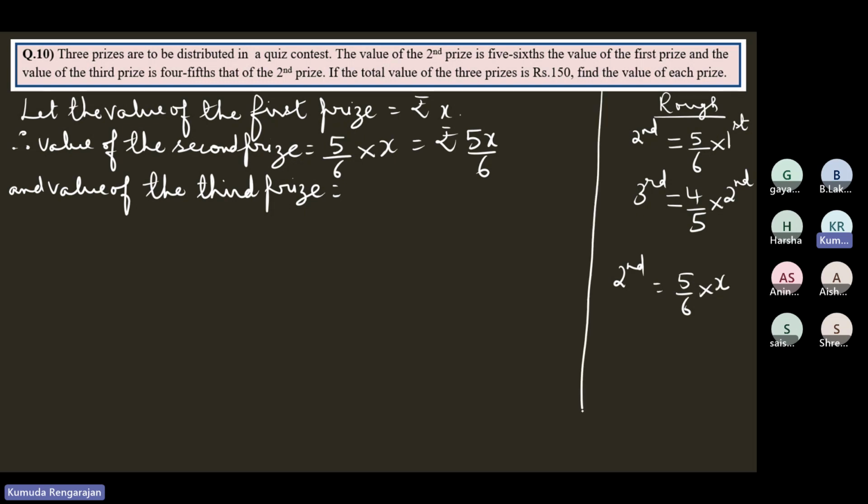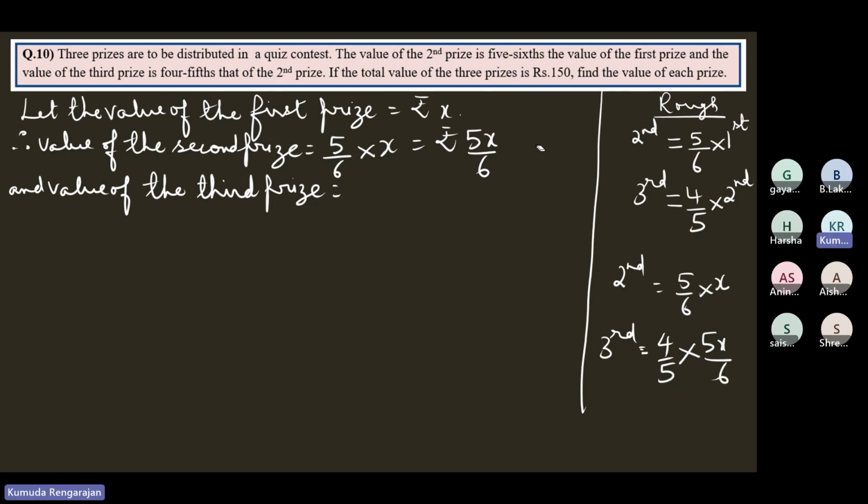So we have everything in the rough column. The third prize is what? Ma'am, 4/5. Yes, Anantika? Ma'am, I got the final answer as 60. Okay. So third prize is 4/5 into the second prize. What is the second prize we have here? This is the second prize, 5x/6. So into 5x/6.